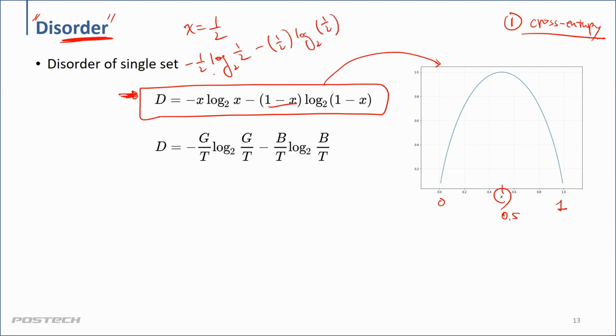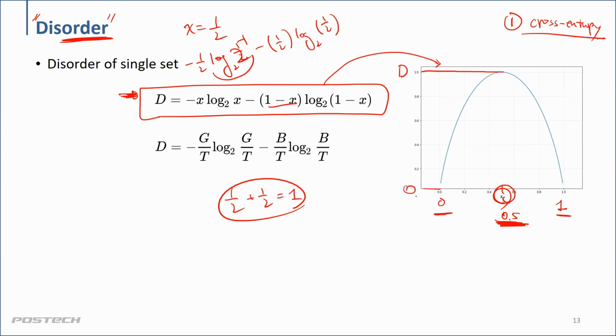So when x is 0.5, d is equal to 1, and when x is equal to 0 or 1, d is almost 0.